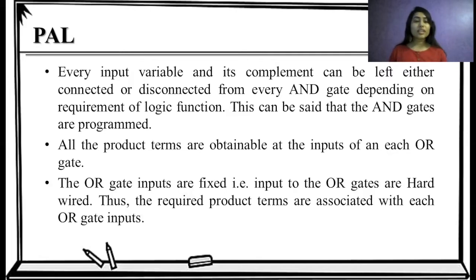The OR gate inputs are fixed, that is, the inputs to the OR gates are hardwired. That means all the AND terms derived from these inputs will be given to the OR gates according to the connections. Thus, the required product terms are associated with each OR gate input.